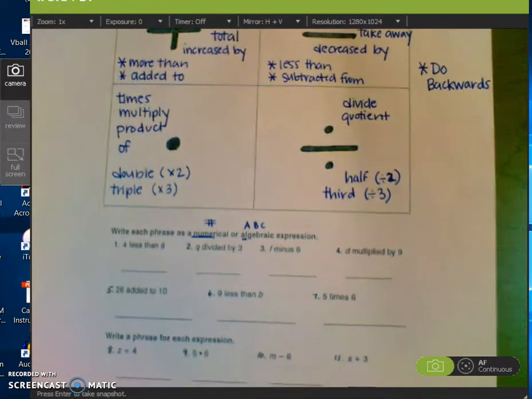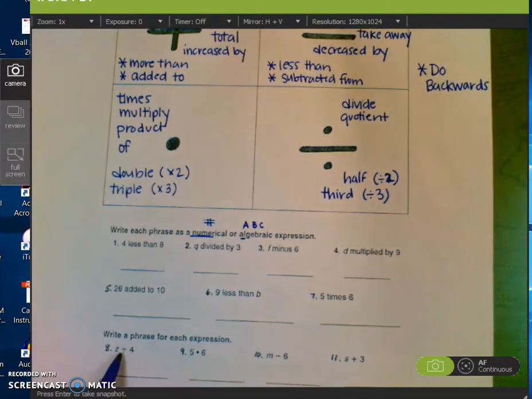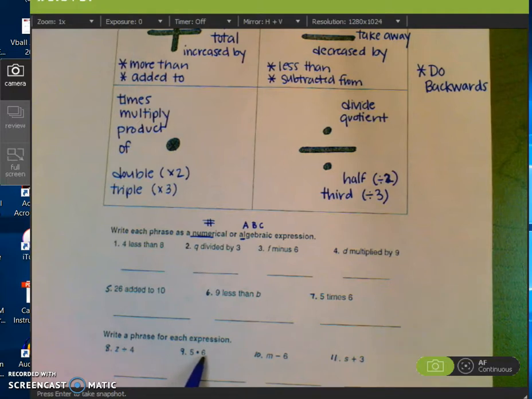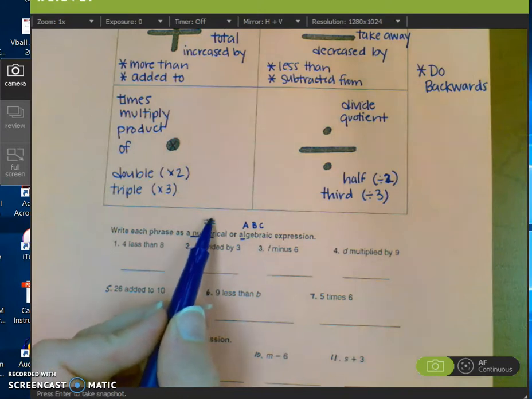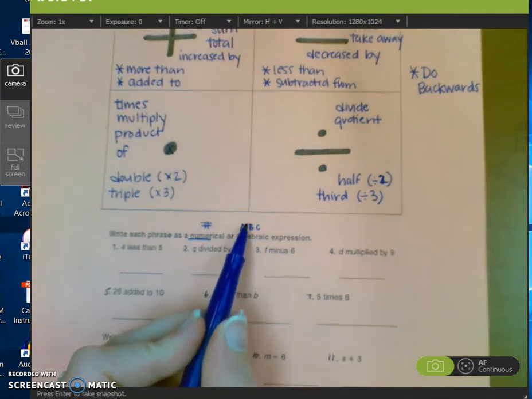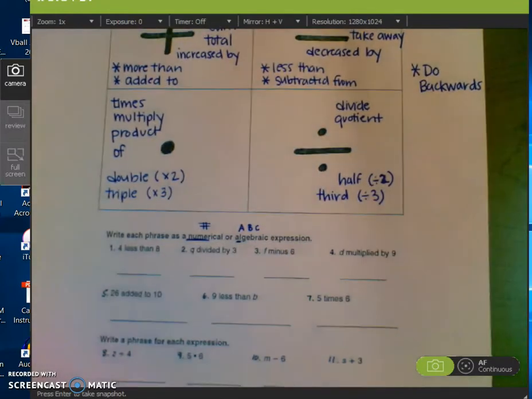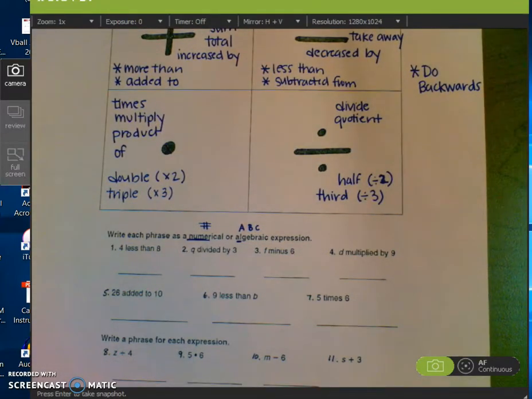If you look at the bottom here, this is an algebraic expression because it has a letter Z in it. The next one is a numerical expression because it has only numbers. So numerical is numbers, algebraic is alphabet, and an expression does not have an equal sign. So it's really important that we write these without equal signs.